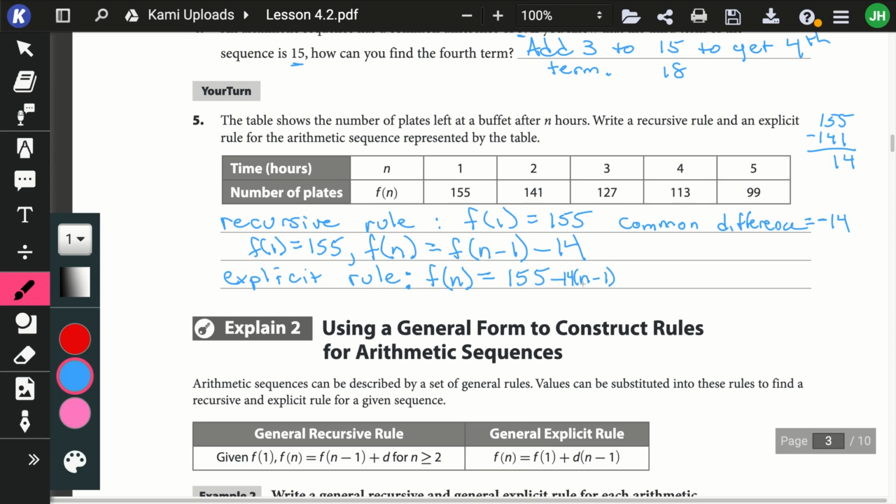Okay? In this case, the second term is going to be 1. 2 minus 1 is 1. Does that make sense? I know it's a little bit confusing, but you're going to get there.